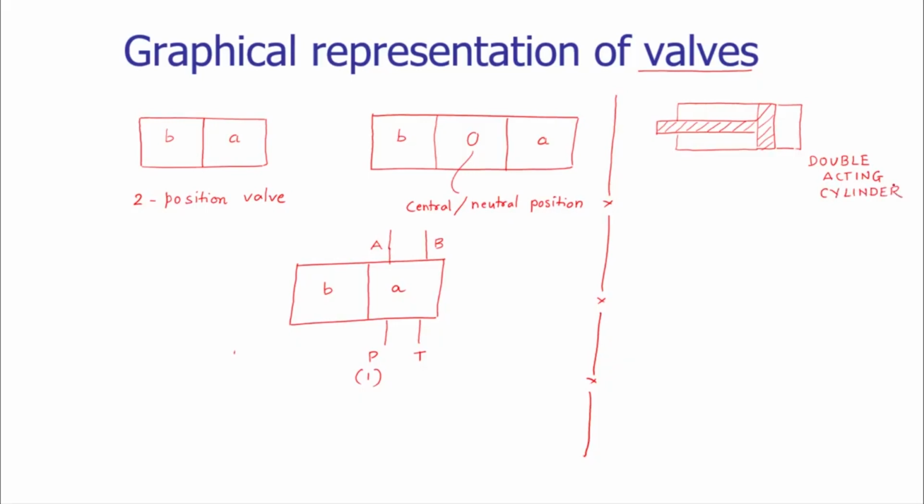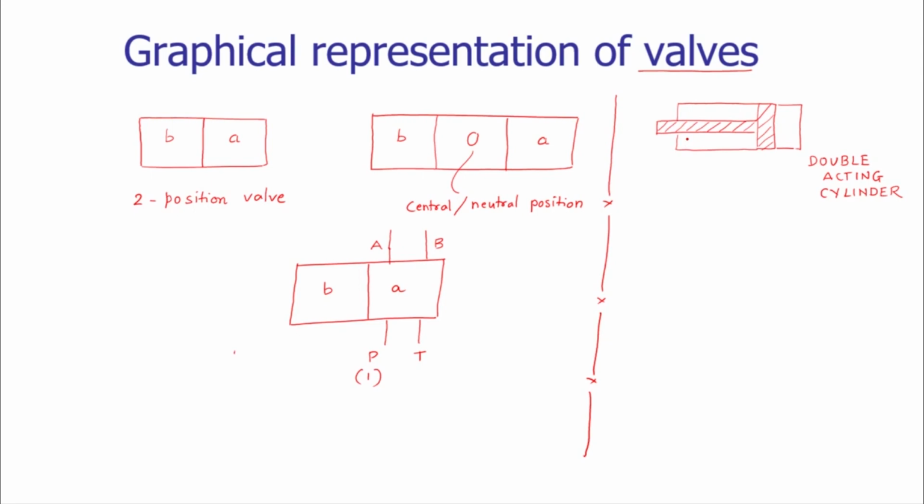To communicate this information to the shop floor, how will we carry out the representation? The double acting cylinder is represented by using a simple T, that is the piston which is located inside a cylinder.